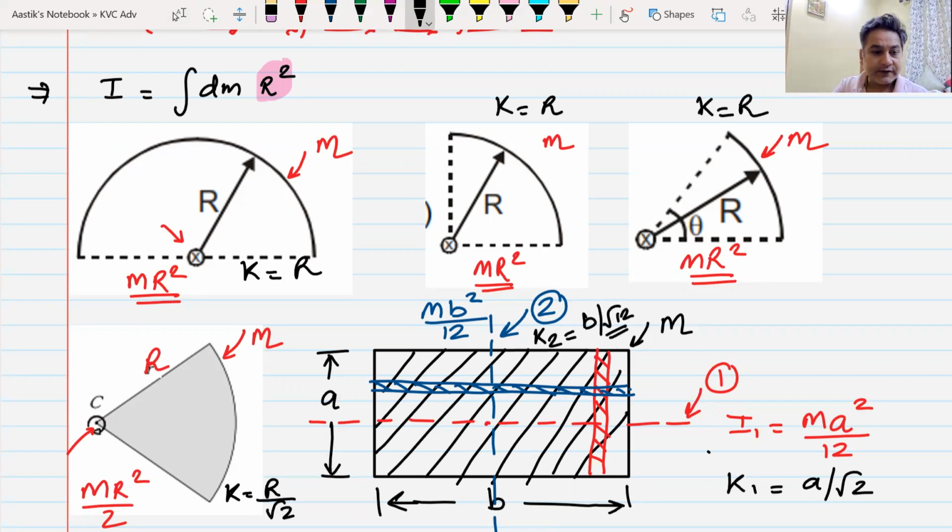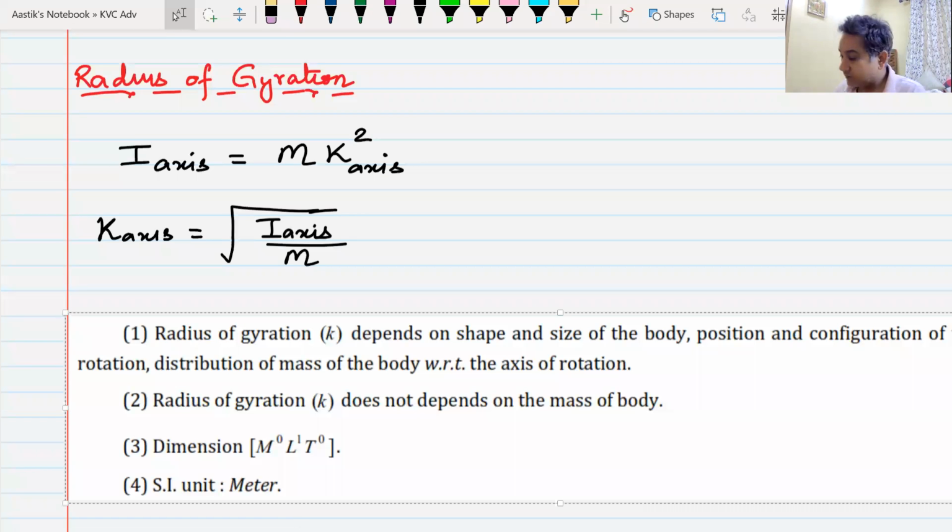Whatever factors the moment of inertia depends on, the radius of gyration depends on the same quantity, the distribution of mass. Do we understand this, or has this gone above our head? We understood, sir. You can note them down if you want to.